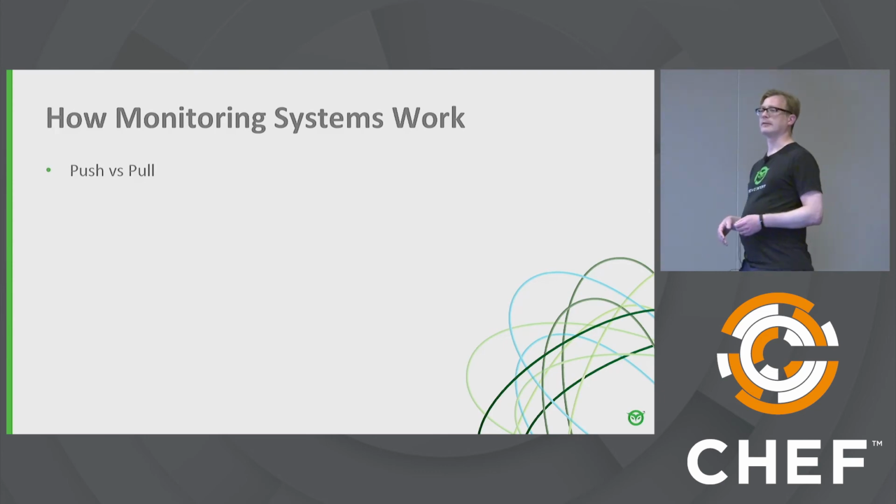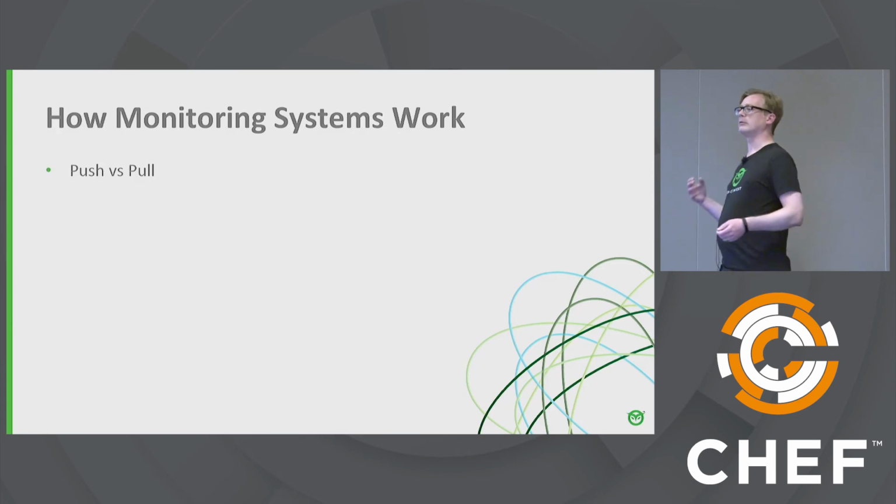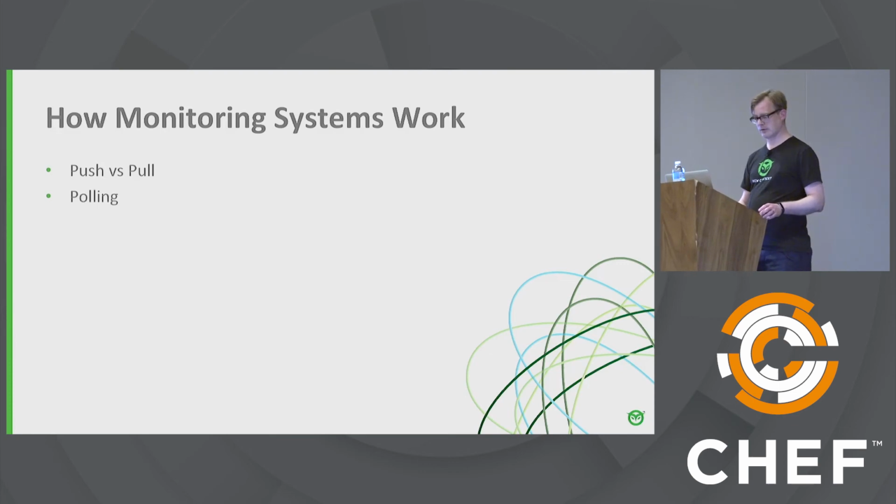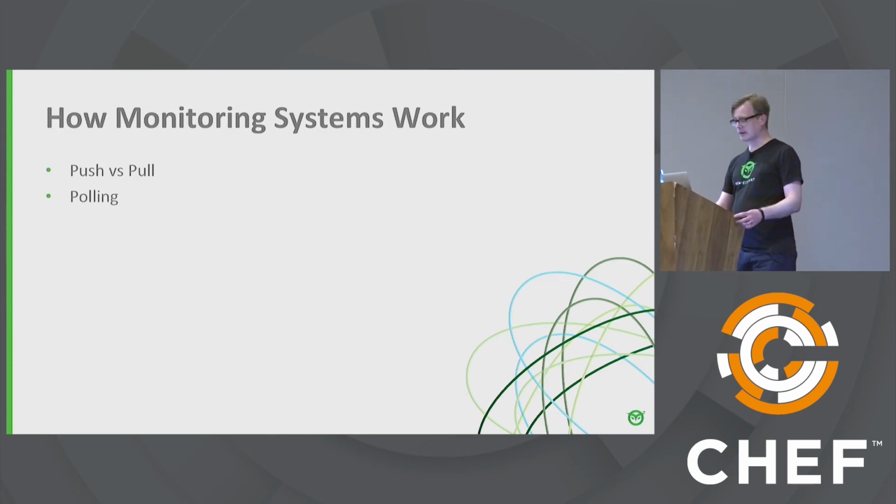And you're pretty much guaranteed, when you have a large number of metrics that you're monitoring, that the ones you obtained data from at the beginning of your polling loop will have different data than the ones you obtained at the end of the loop, just because of that time differential. It's impossible to get a pure snapshot of your infrastructure. So that's the polling thing I'm talking about here.